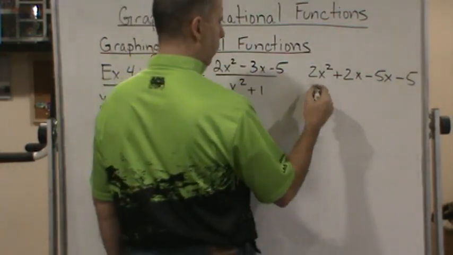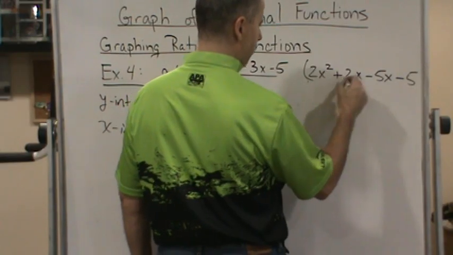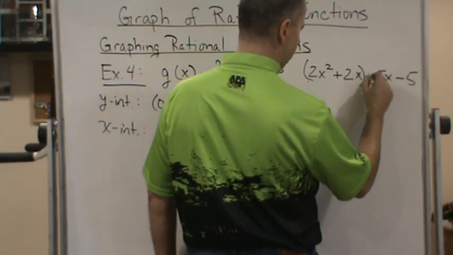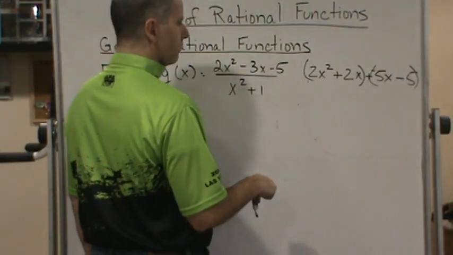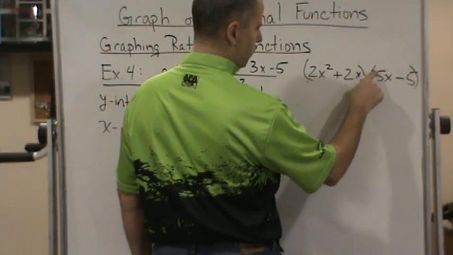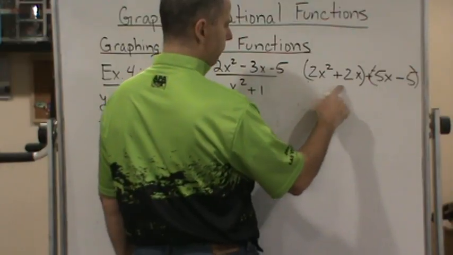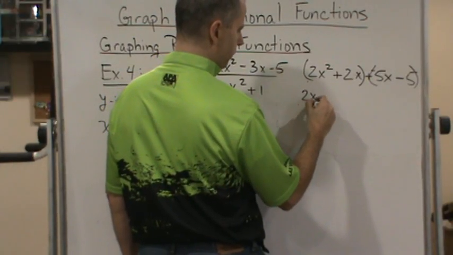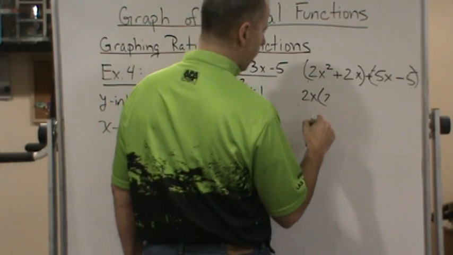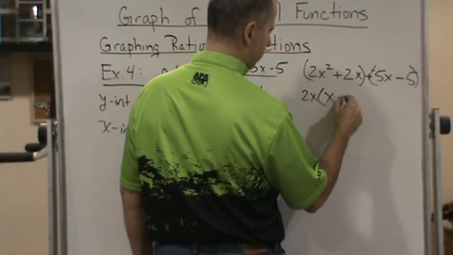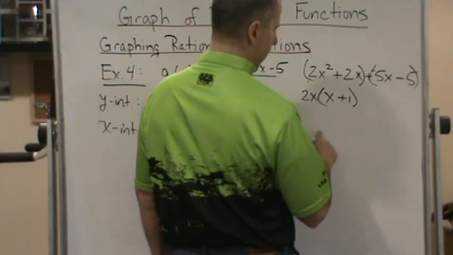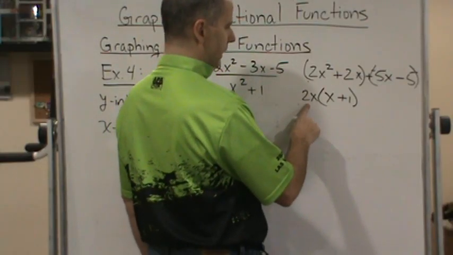Okay, now I'm going to group these together, right? I notice I changed this to plus negative. So now I'm going to factor out a 2x here. Let's factor out 2x here.